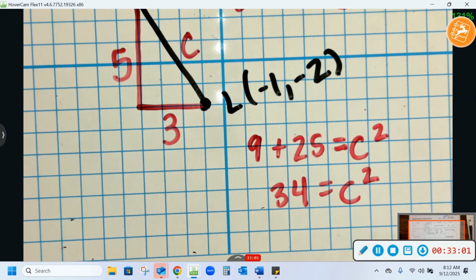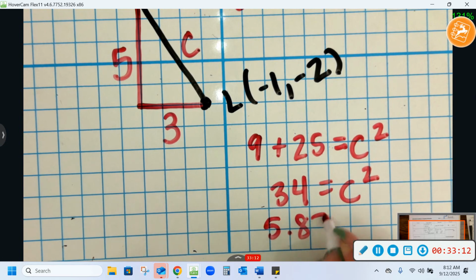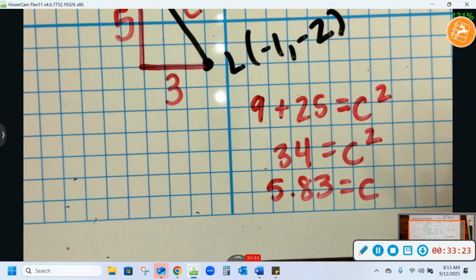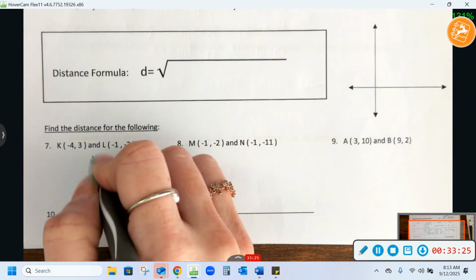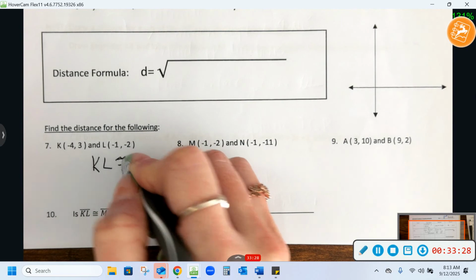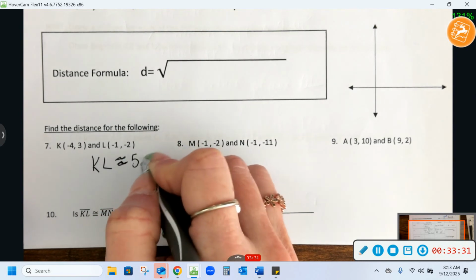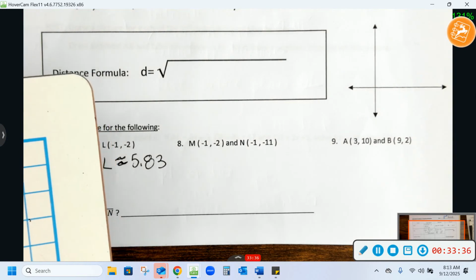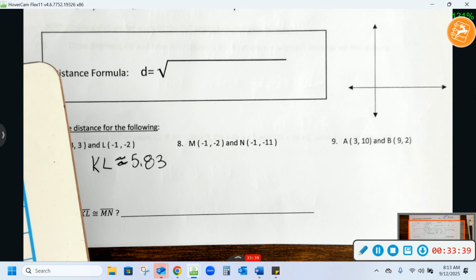What is the inverse of squaring a number? Square rooting a number. Square root of 34, about 5.83. So then I can pop over here, and I can say KL equals, well, actually I'm going to say about, because it's a decimal, 5.83.